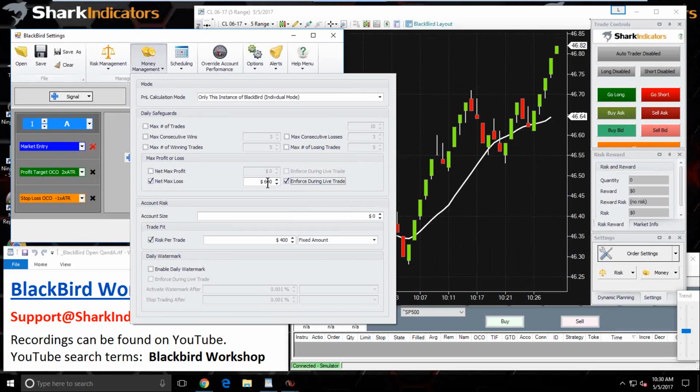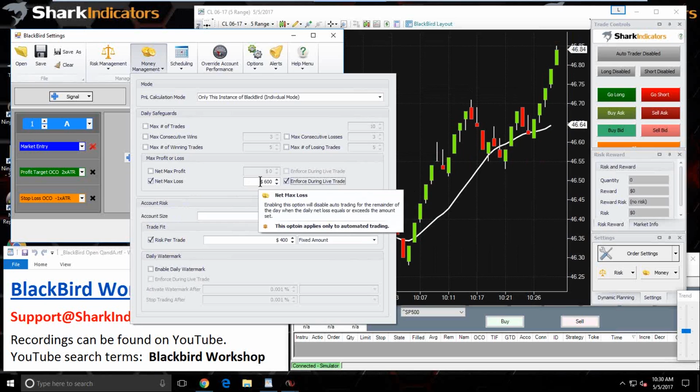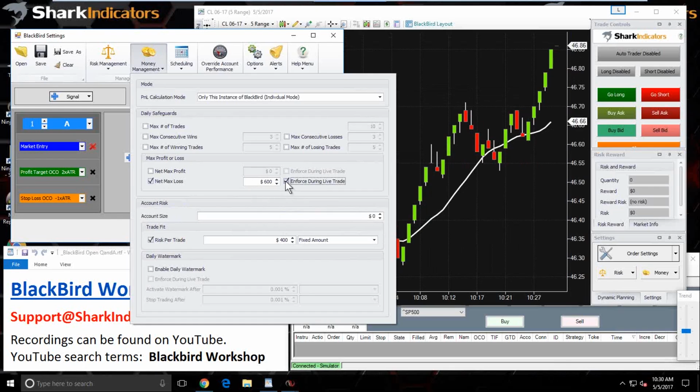BlackBird can't guarantee any order fills. That's up to the markets, the exchanges, the instrument, the market volatility, and liquidity in the market. But BlackBird will attempt to close the trade out at $600, or maybe a little bit more of a loss. BlackBird just tries to get as close to $600 as possible.